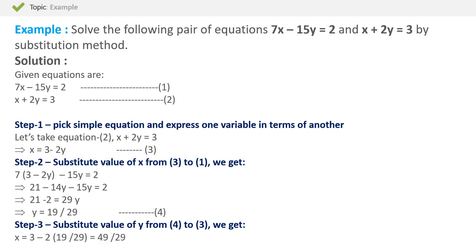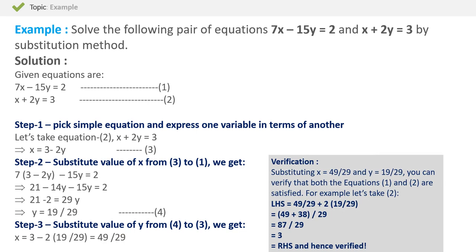So once I do this, I'm going to get x equal to 3 minus 2y, which is 3 minus 2 multiplied by 19 by 29, which will give me 49 by 29. And now I have the value of x and y. We can verify this as well. If I put x equal to 49 by 29 and y equal to 19 by 29 in any of these equations, my left hand side should be equal to right hand side.